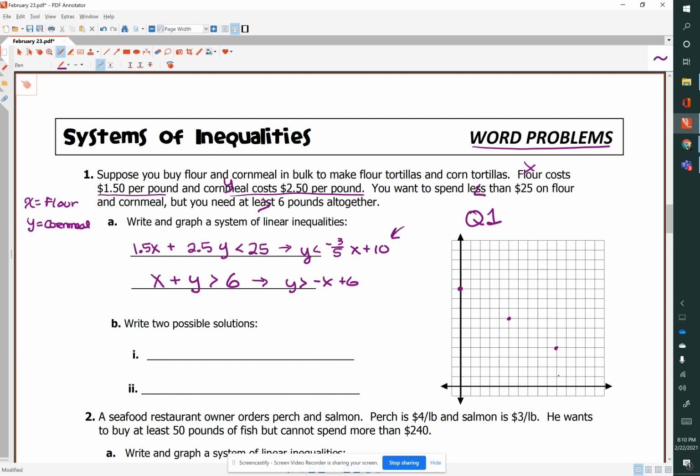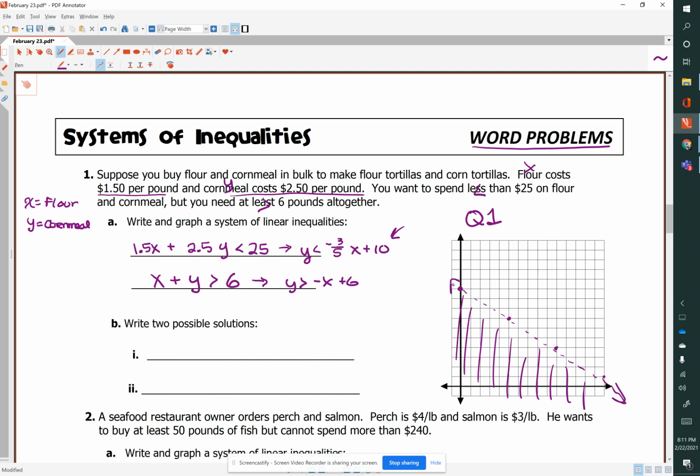So just roughly speaking, now we've got less than, so we'll have a dotted line. And we'll shade below the line.